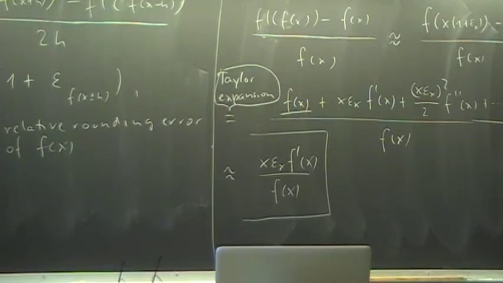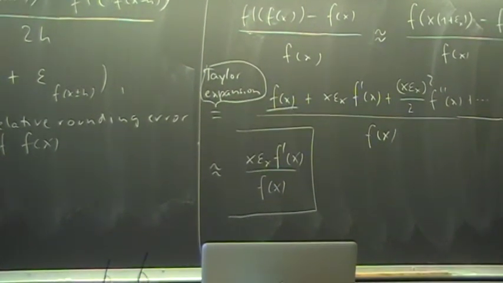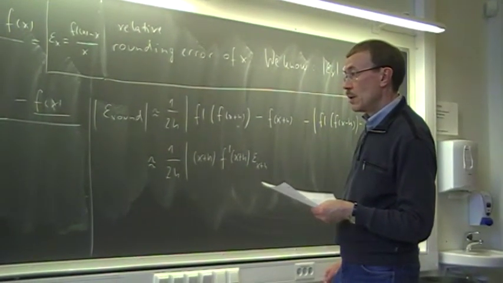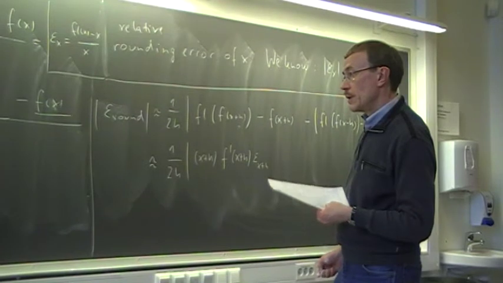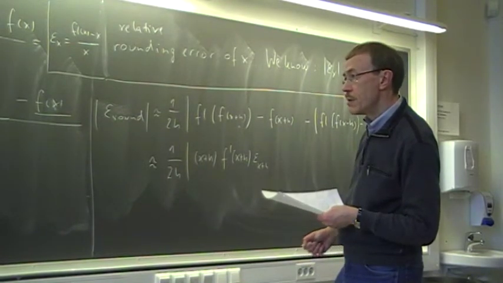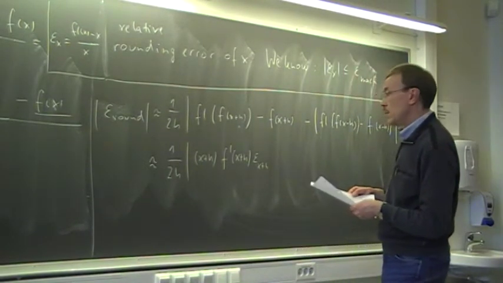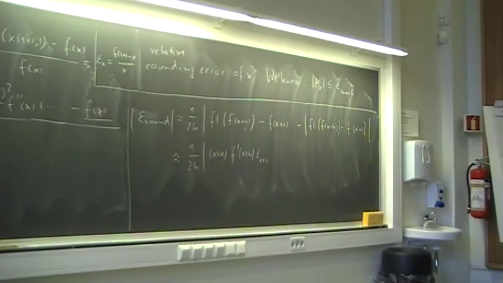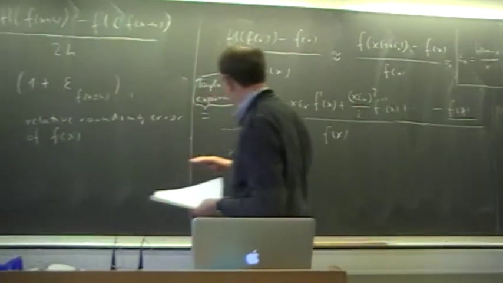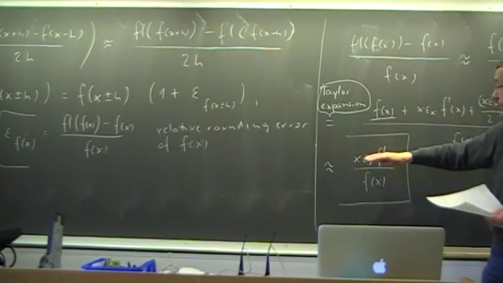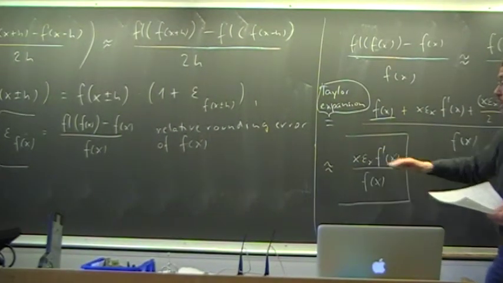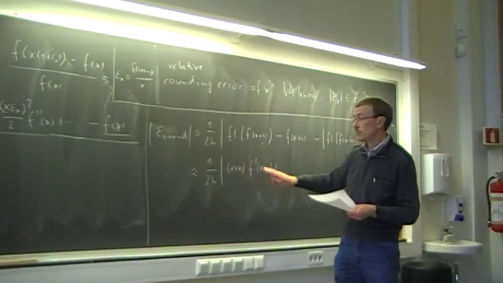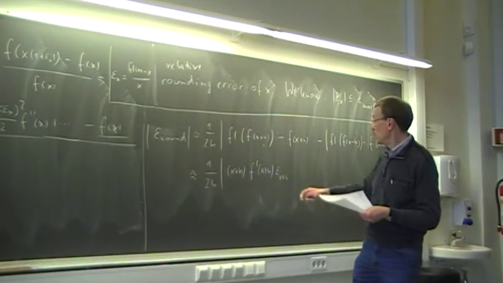So then we have that. So you see here, what we are looking at is this error here, which is approximately equal to what we have here. And that we apply here not to x, but to x plus h. So then we get this formula.